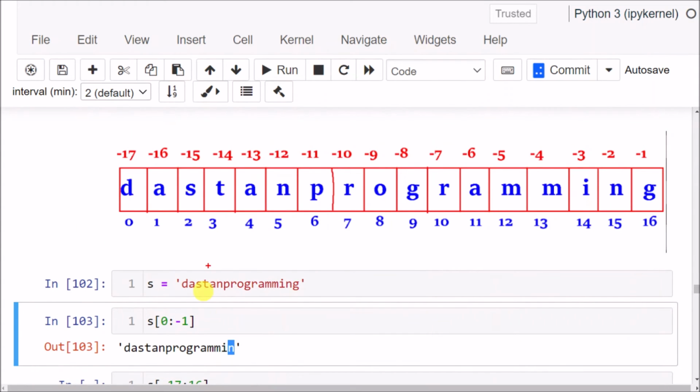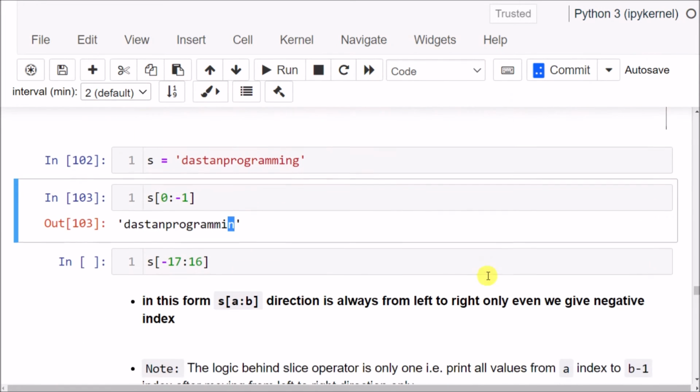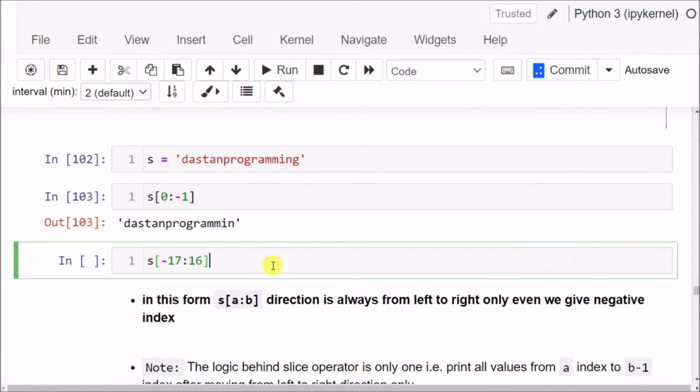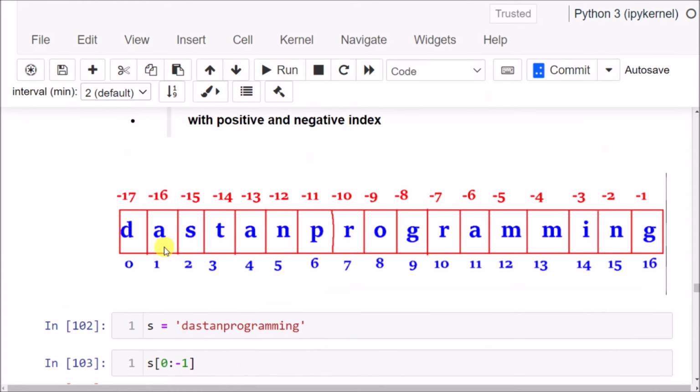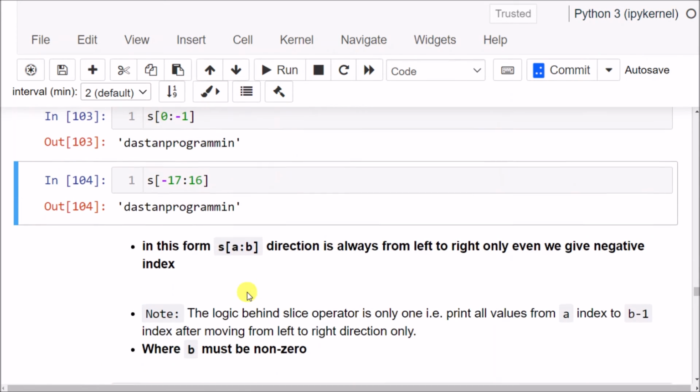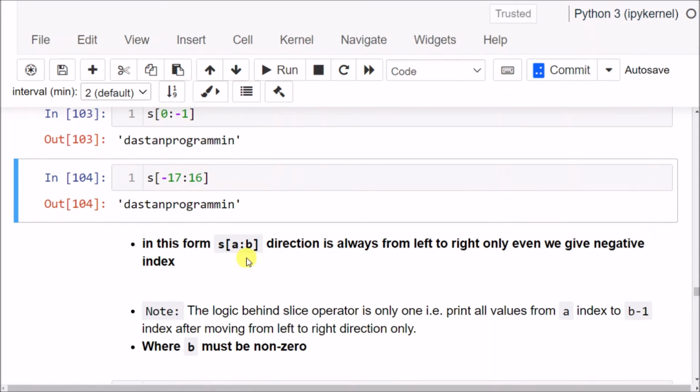So we can see here minus 16 is here, it is the a, and plus 16 which is z, means up to n, means from a to n we have to print all those values. Okay, sorry, minus 17, this is the d, minus 17 means d, d to n, we can see here. In this form, a and b direction is always from left to right only, even if we give negative index also.